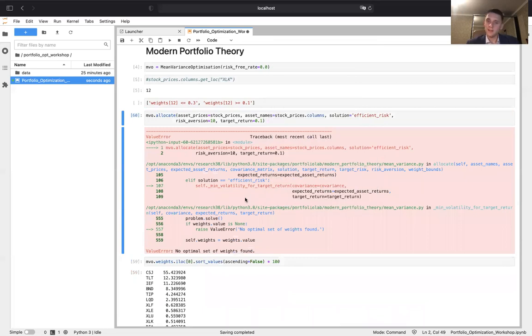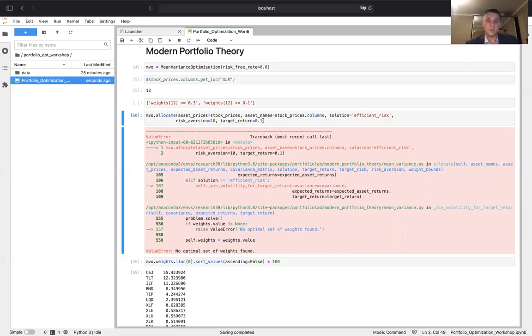As you can see here, no optimal set of weights was found for this type of portfolio, and that's a problem which can arise sometimes in mean variance optimization, that the optimal solution may not be found. And that's kind of a problem. That's why the critical line algorithm was initially developed, because it always guarantees that the solution can be found.